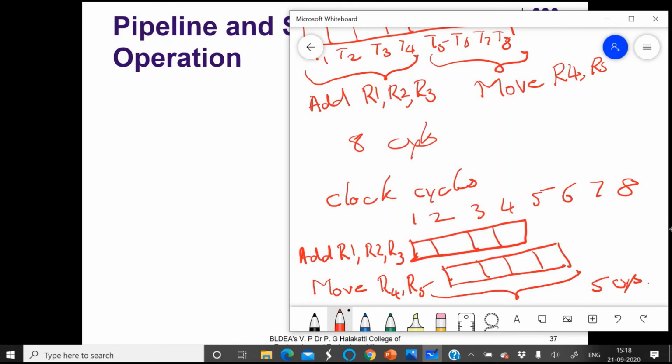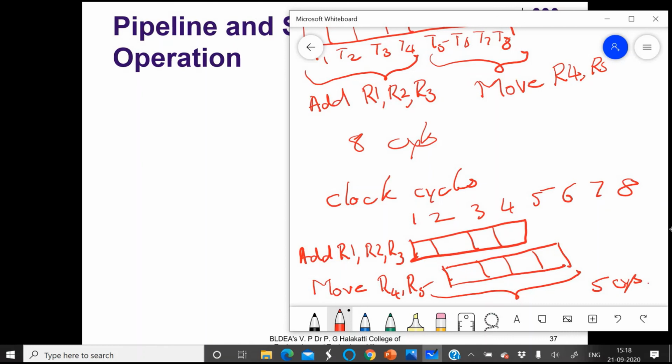So while executing the add instruction, the processor can read the move instruction from memory. Thus, we can see that the first instruction is completed after 4 cycles. The second instruction will take only 1 more cycle to complete, because the executions are overlapped in time. If we continue this analogy, in sequential execution, a 4 instruction set takes 16 clock cycles, whereas with pipelining the time is reduced to 8 cycles.